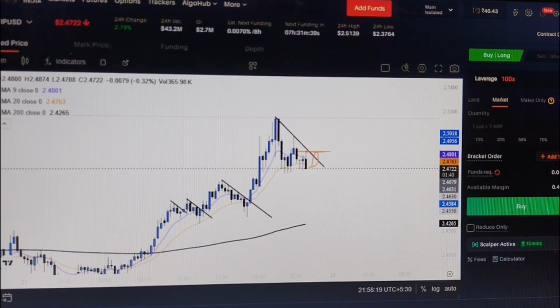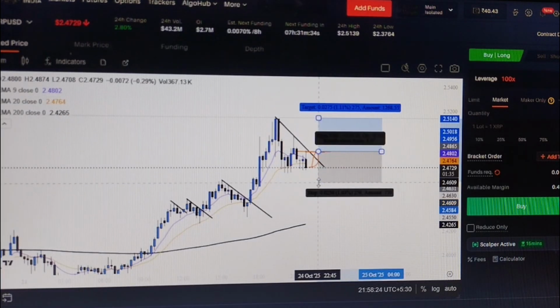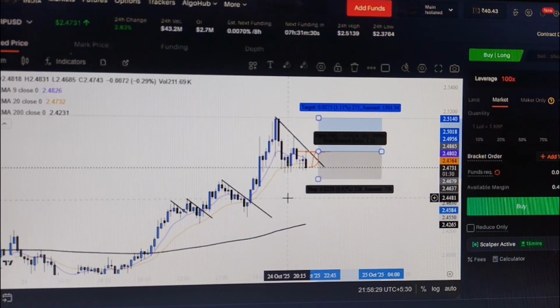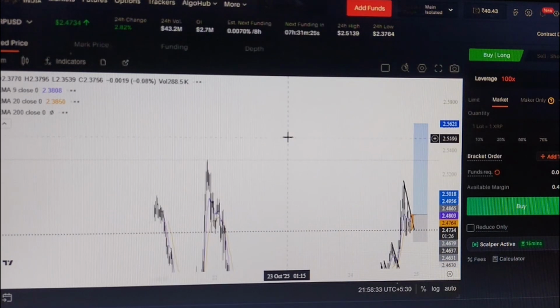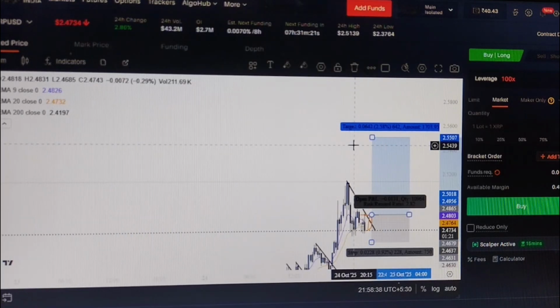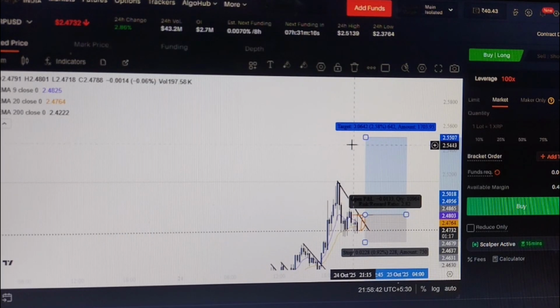After that happens, I'm going to take my entry on the long over here, and my stop loss will be slightly lower than the lowest swing where the price has moved. And I'm not actually adding a take profit. I want to ride the trend and juice out every single rupee I can get from the market, because this is a very small account and it's very easy for me to lose money.